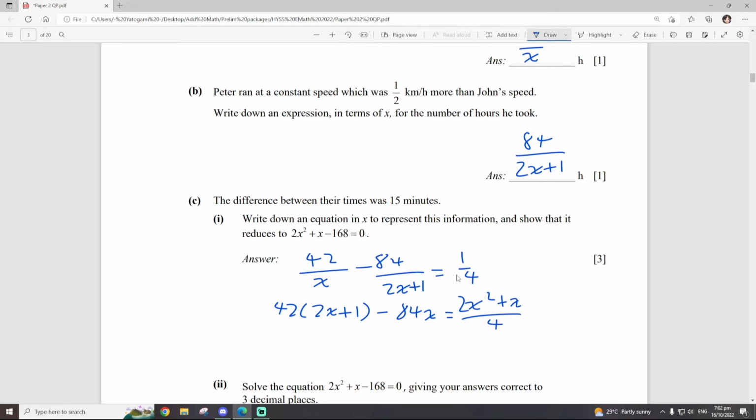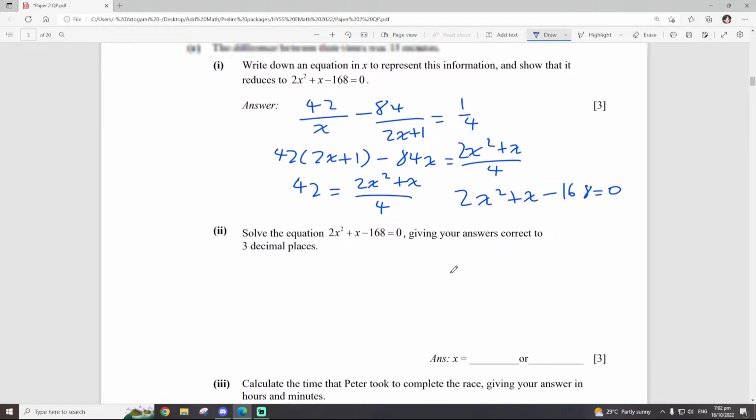Multiply throughout by 4, well, we'll simplify this first. So this is 84x, so you see that actually the 84x will be completely gone. So I just get 42 equals to 2x squared plus x divided by 4. And then you can rearrange the terms a bit. If I multiply both sides by 4, I'll get 168 here. So if I subtract 168, I'll get the 0. Alright, so that will be it.